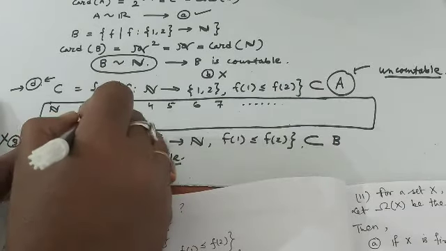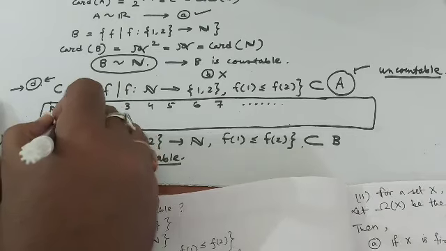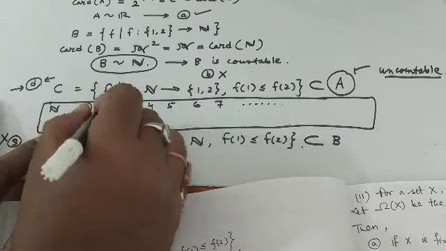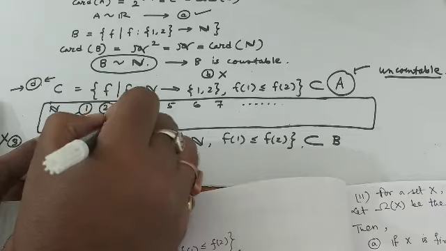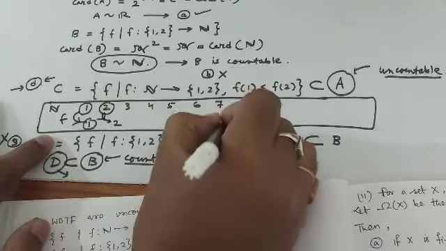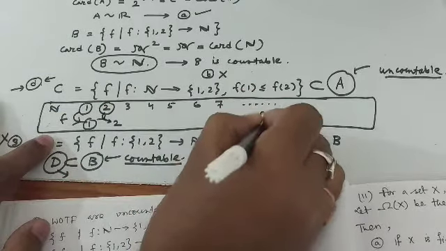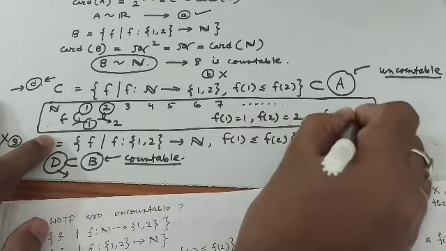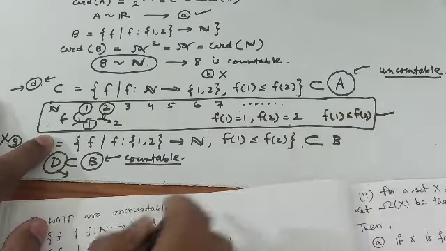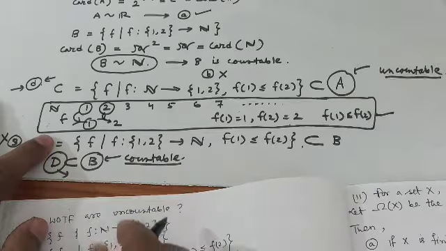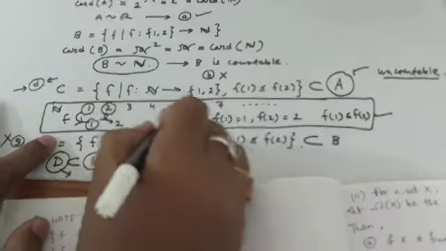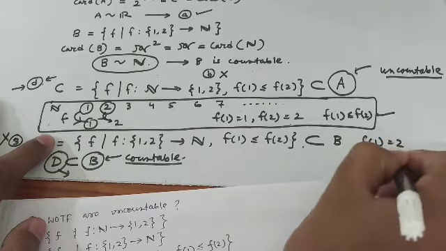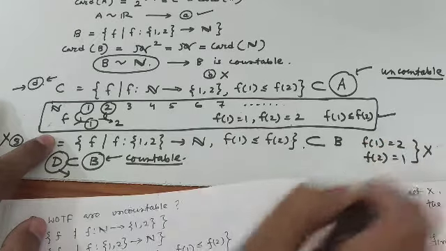Under this mapping, 1 goes to 1 and say 2 goes to 2. This is fine, because F(1) you are getting as 1, F(2) you are getting as 2, and it is satisfying this condition F(1) less than or equal to F(2). But it is not allowed that if you map F(1) as 2 and F(2) as 1, it is not allowed in this case.